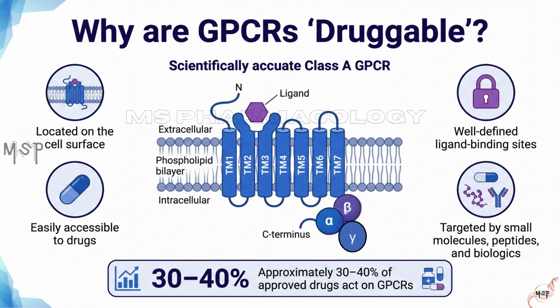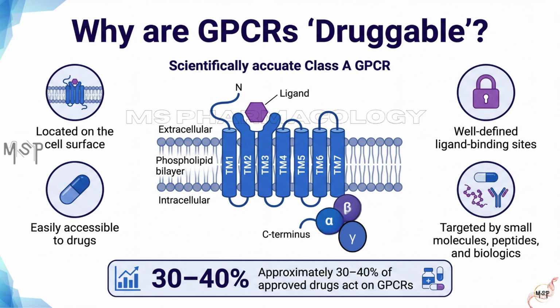Why are GPCRs druggable? GPCRs are considered highly druggable because they are located on the cell surface, making them readily accessible to circulating drugs. They also possess well-defined ligand binding sites, enabling small molecules, peptides, and biologic drugs to bind with high specificity.